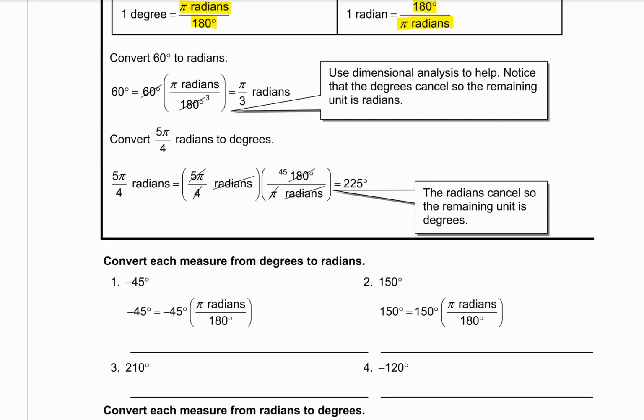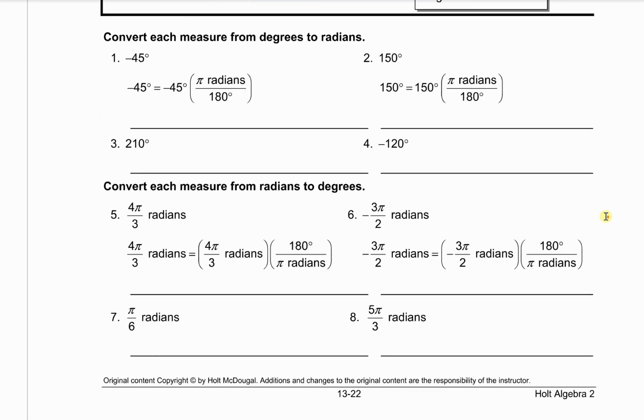Now this works if you have positive angles or if you have negative angles. If we look at number 1 here, negative 45 degrees converted to radians, we're going to multiply by pi over 180. So basically that is going to end up reducing, and I need my calculator. 45 divided by 180 is 0.25, or 1/4.